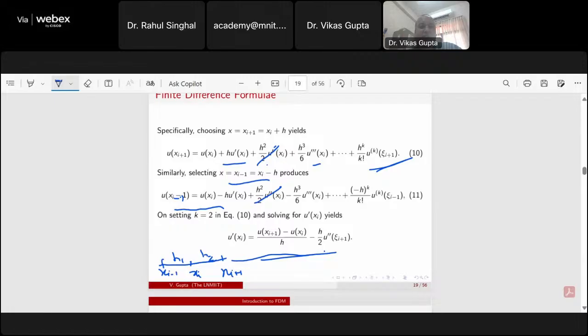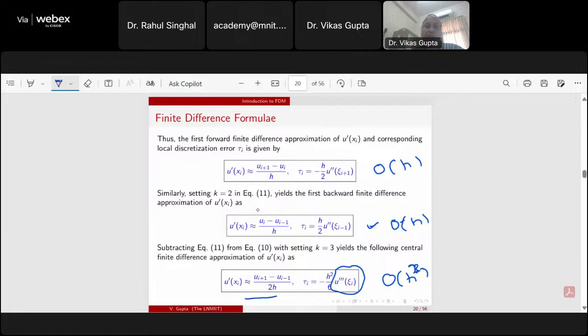But while the mesh is uniform, h1 equals h2, and this term will be cancelled out. So note that the central difference approximation provides higher accuracy only on the uniform mesh, not on the non-uniform mesh. Is it clear? Any doubt?